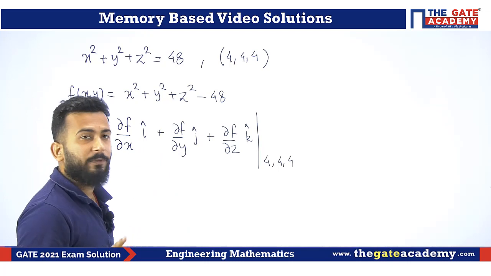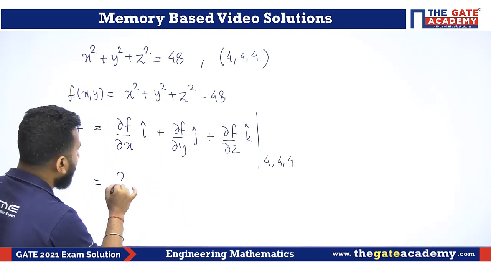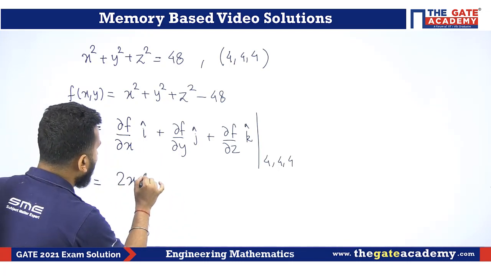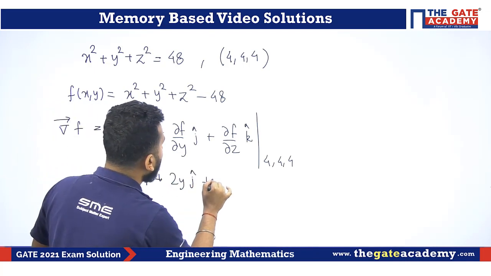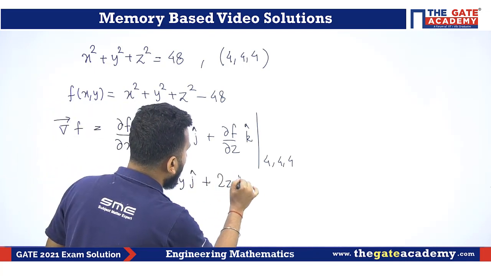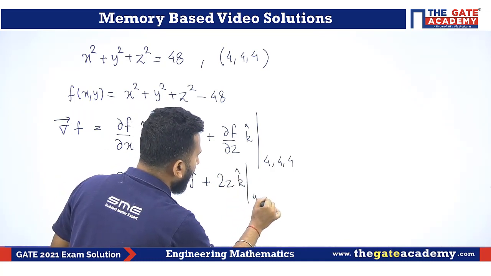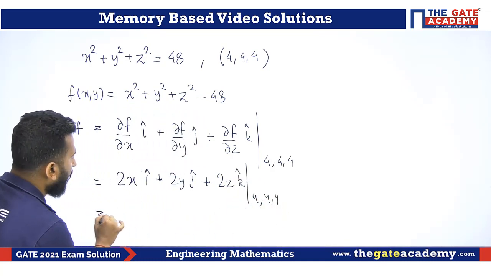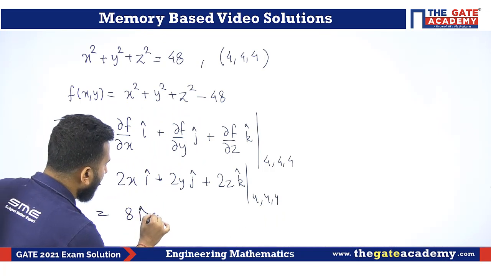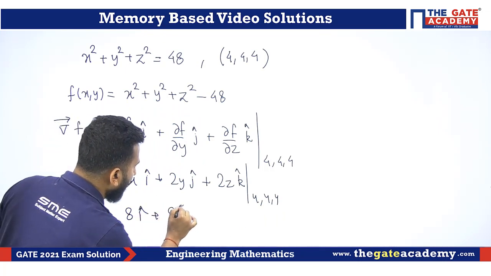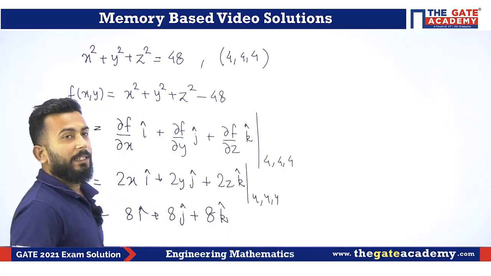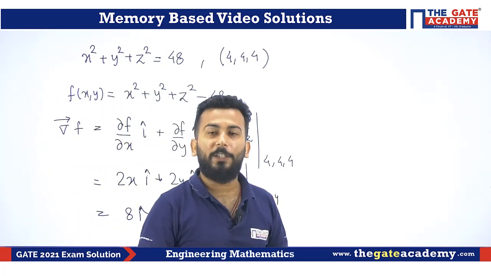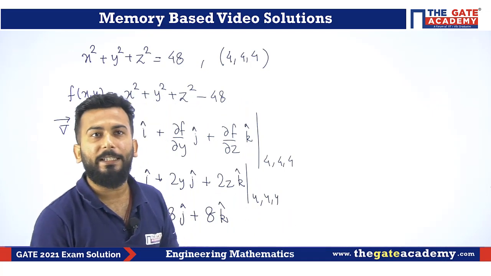These are the partial differentiations, right? So it is 2x i cap plus 2y j cap plus 2z k cap, and if you substitute 4, 4, 4 in this, it will be what? 8i plus 8j plus 8k. Now it has asked unit normal vector. You need to convert it into unit form.